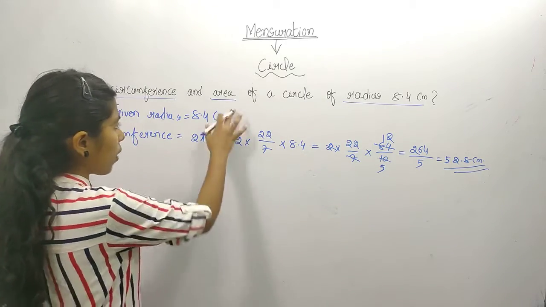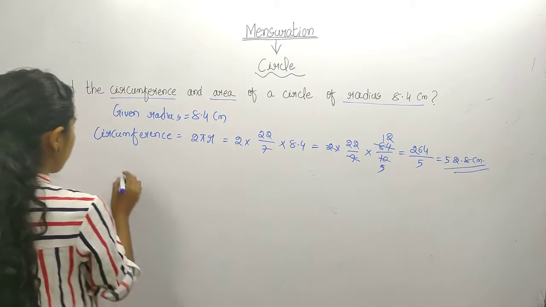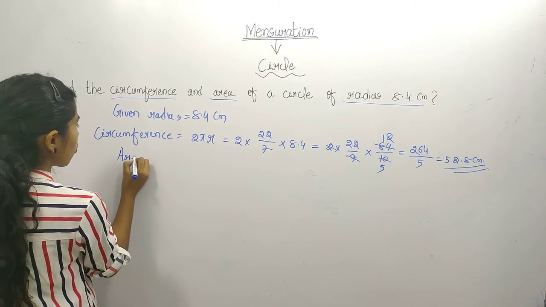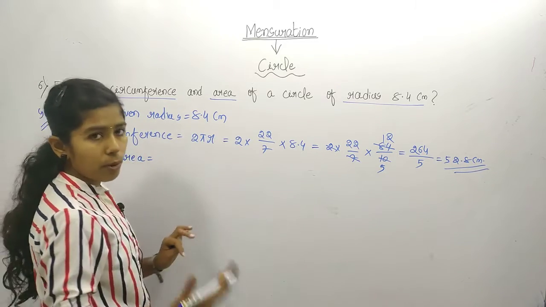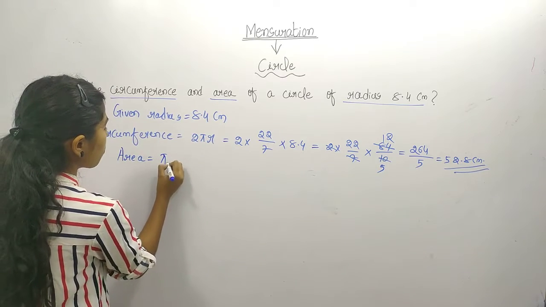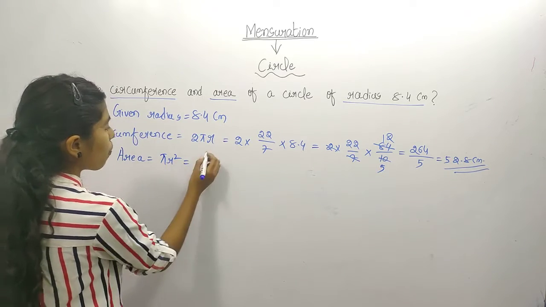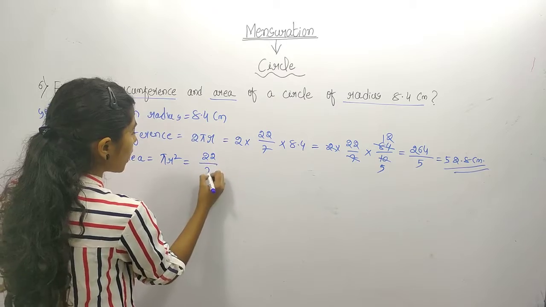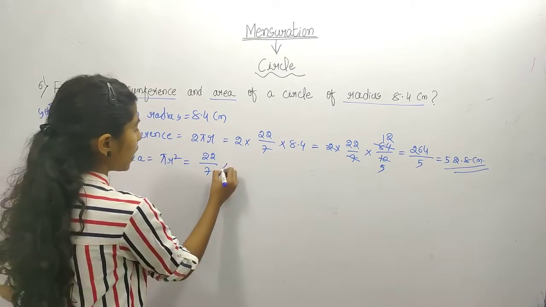Now we have to find the area of this circle. What is the formula for area? Pi r square. So pi is 22 divided by 7 into r square.